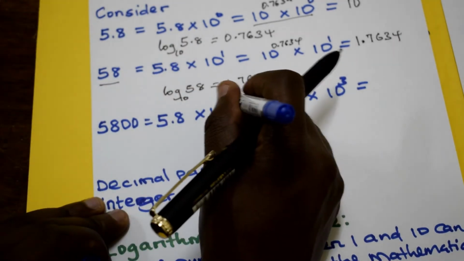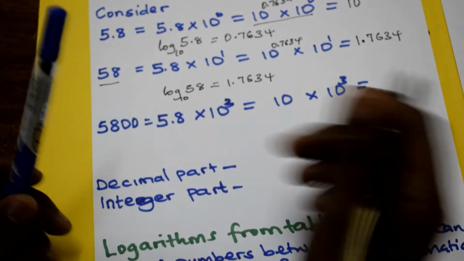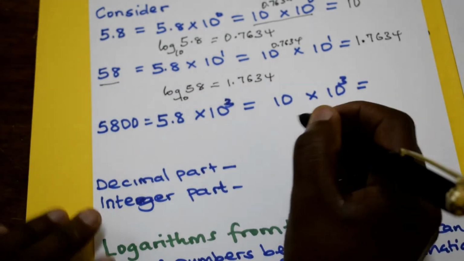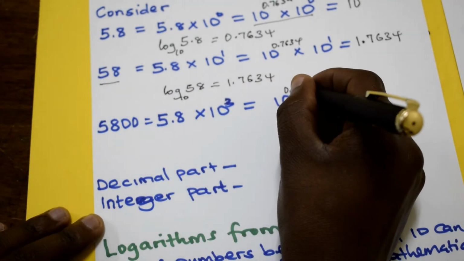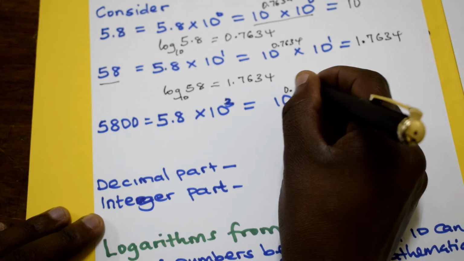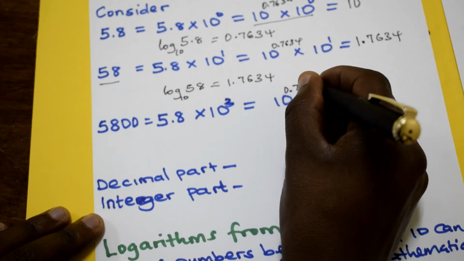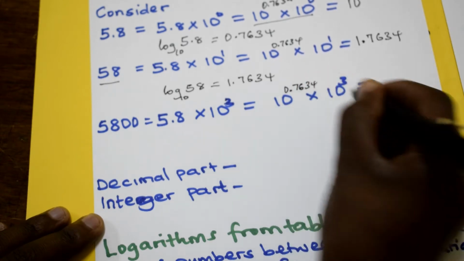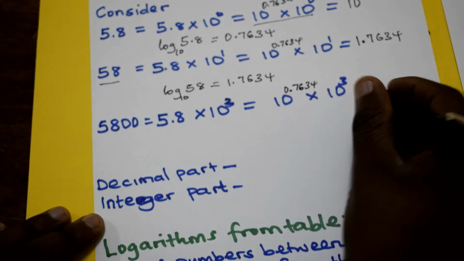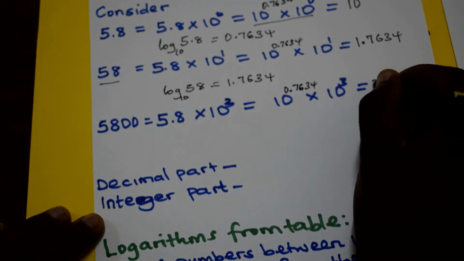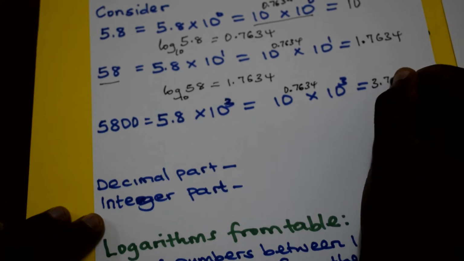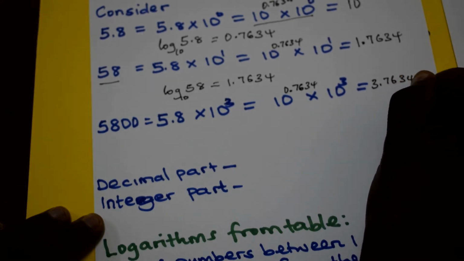This is power 3, and therefore we have 10 power 0.7634 and then 10 power 3. Same basis, we add, we are going to get 3.7634.